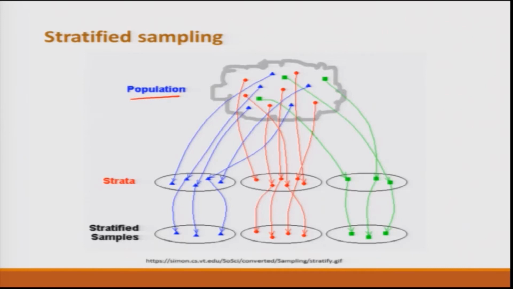We have a population with blue, red and green elements. All the blue elements form one strata, all the red elements form the second strata and all the green elements form the third strata. So, this is strata 1, strata 2 and strata 3. Then the samples are selected from each strata.